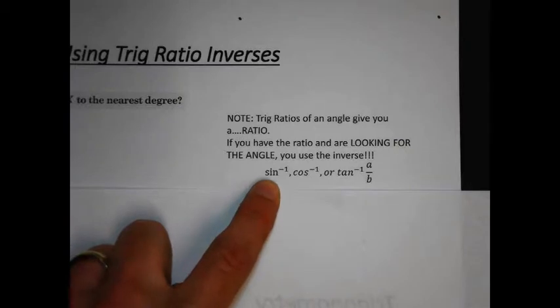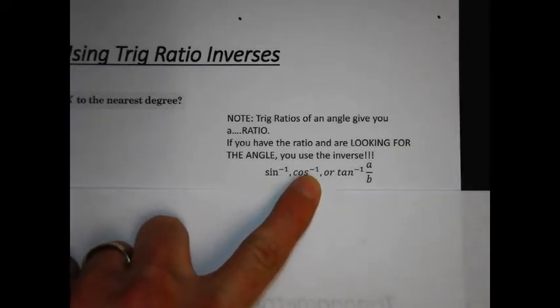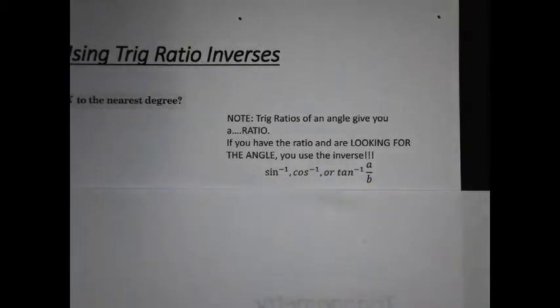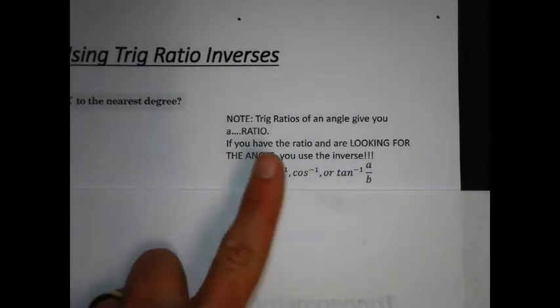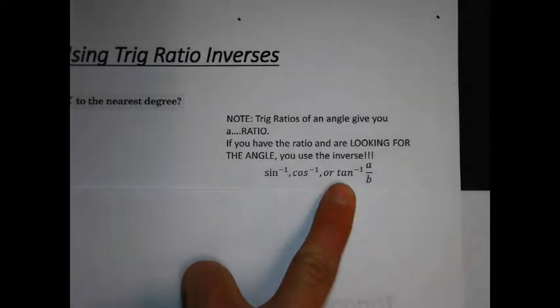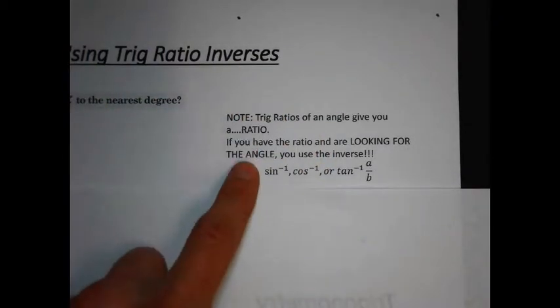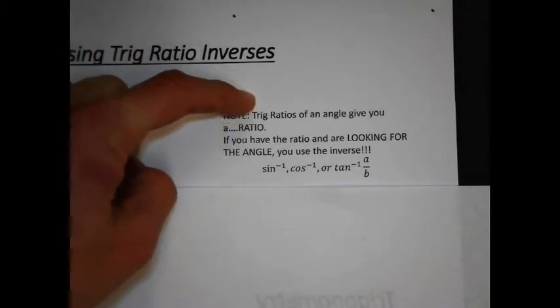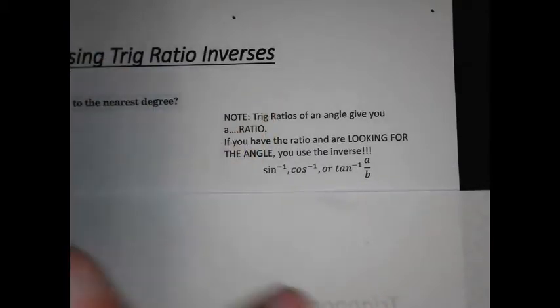The inverse sine, sine to the -1, or cosine to the -1, or tangent to the -1 of some ratio, is going to give you an angle. The inverse sine is also called the arc sine, the inverse cosine the arc cosine, and the inverse tangent the arc tangent. So if you're looking for a ratio of lengths, you use the function. If you're looking for an angle, you use the inverse.